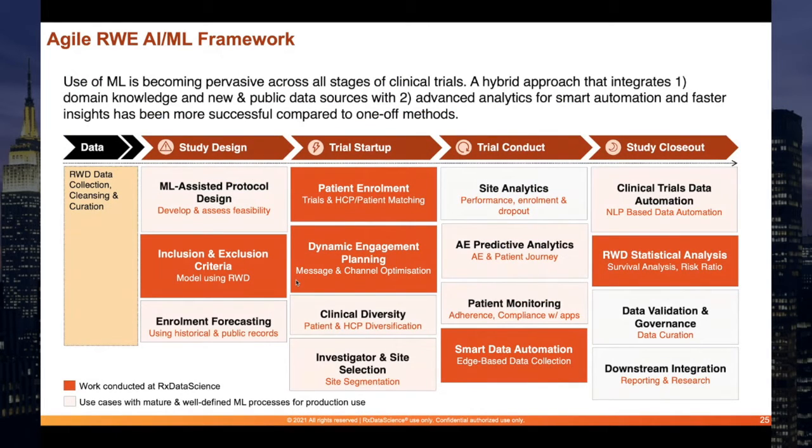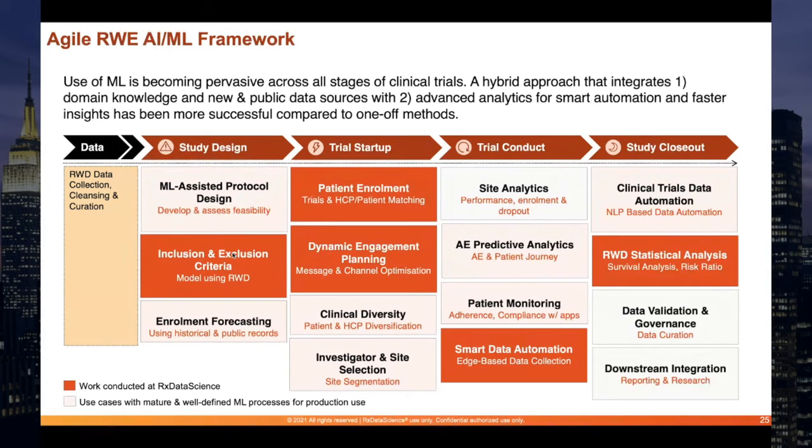What we have also started seeing is that in the different stages of a clinical trial, you can have different applications of AI in various aspects. For instance, in the study design phase, you can have machine learning assisted protocol design, with inclusion-exclusion criteria defined using machine learning.